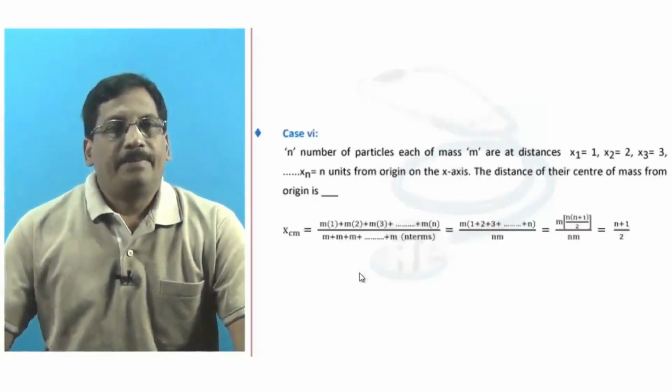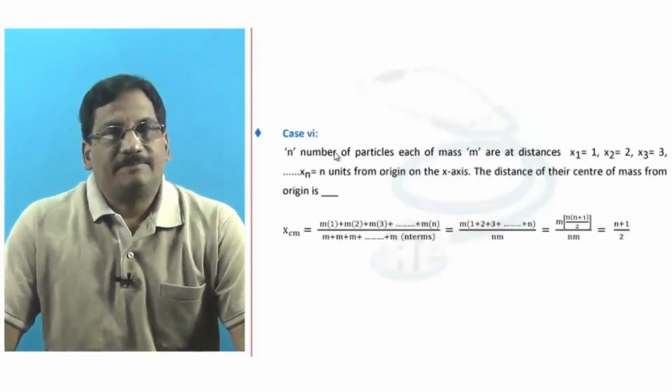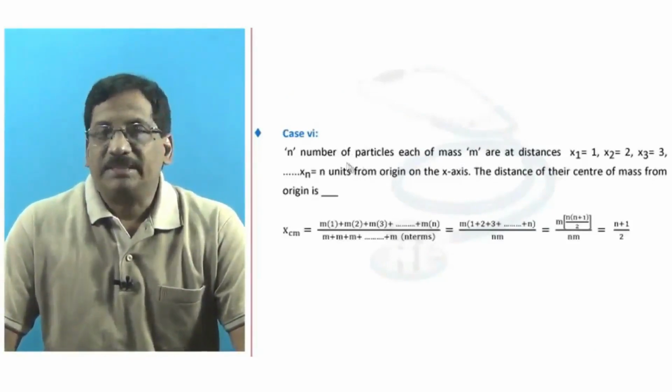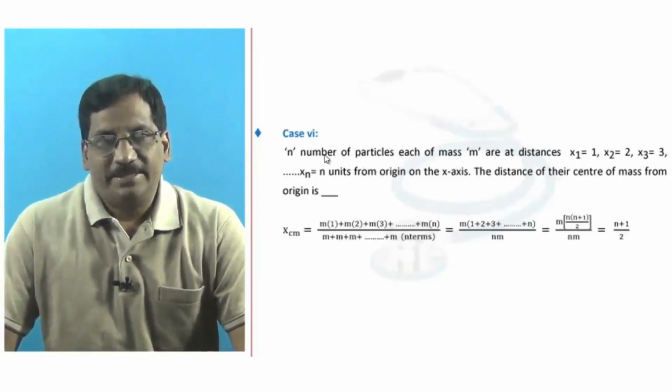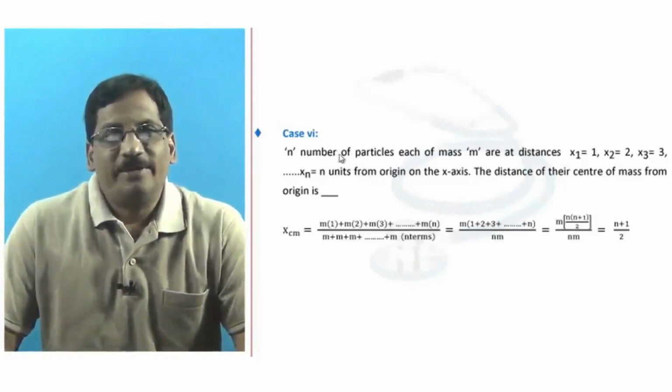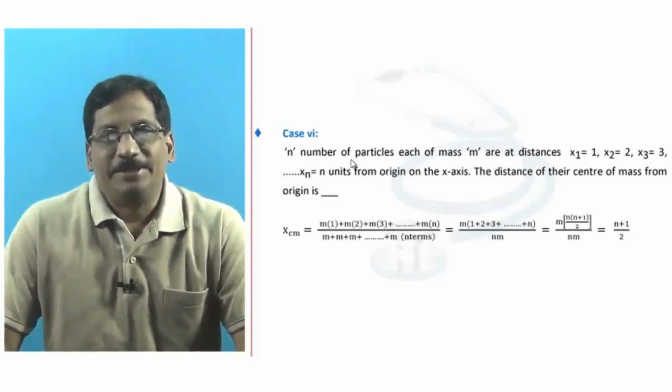And then case 6. Now I am going to give you three cases, case 6, case 7 and case 8. All three are very important for our conceptual questions in our entrance examinations.